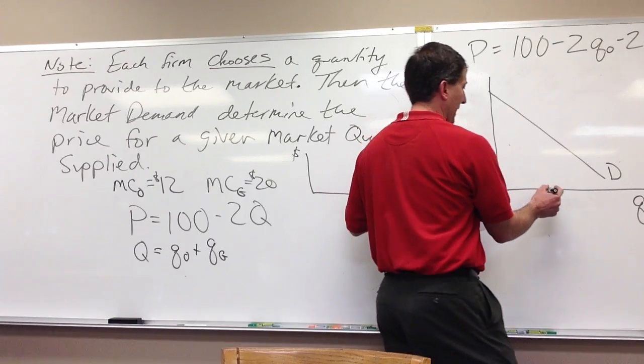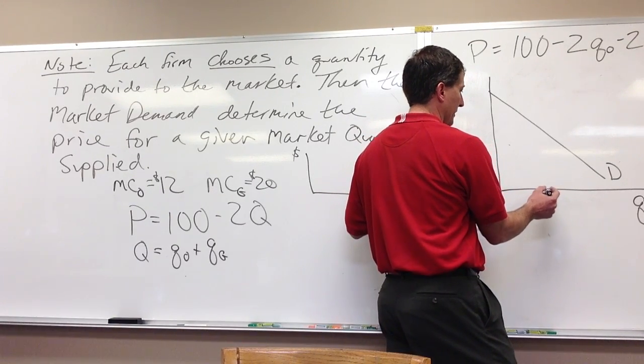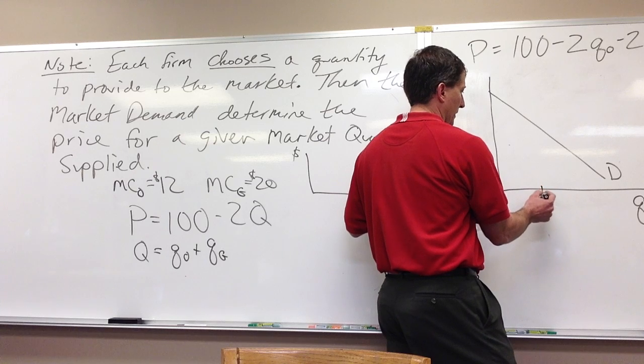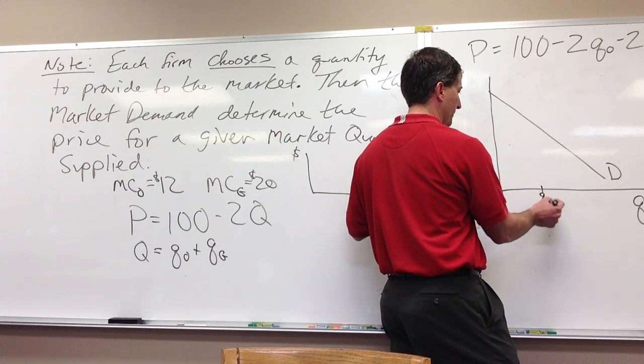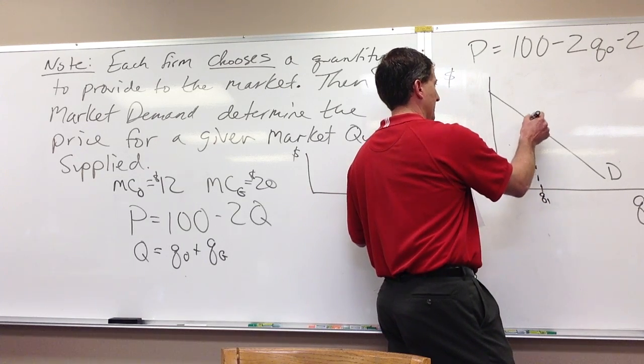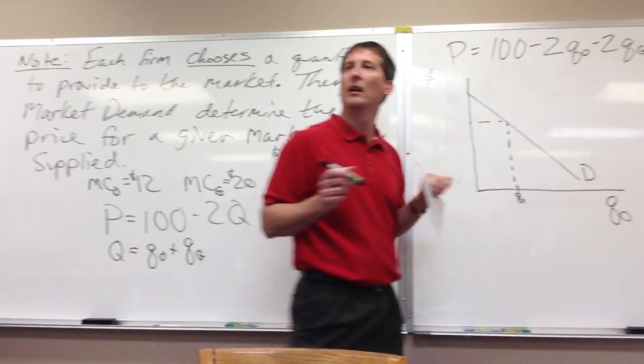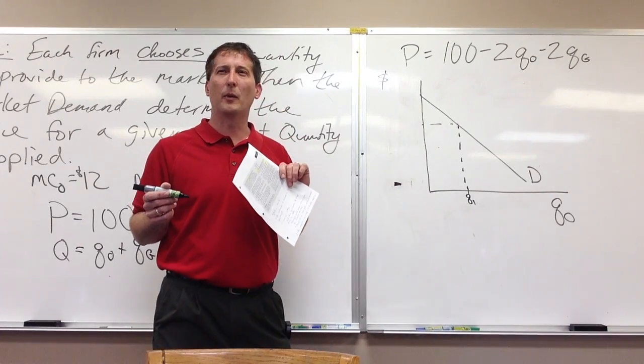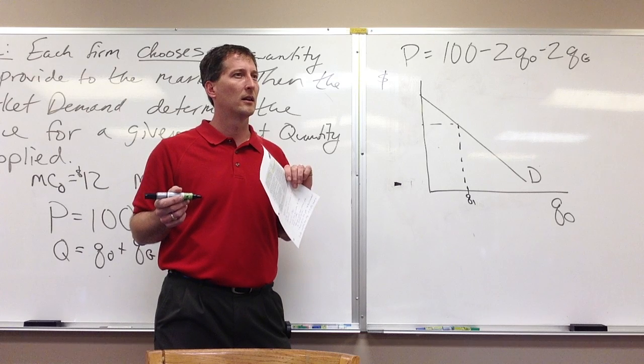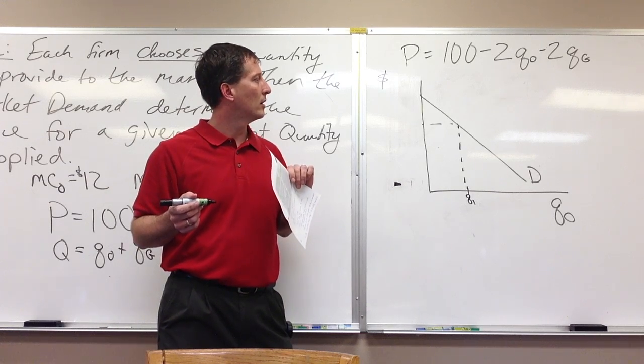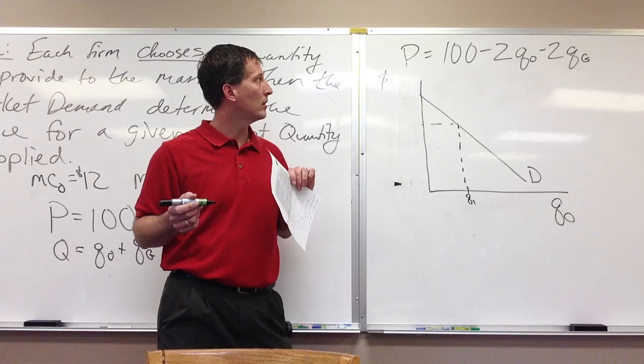I'm trying to figure out how could I actually find a point here if this is Q1, you know, what's this? That's kind of what I want. Like if they sold all of the market, like if quantity of Grease Tech equals 0.